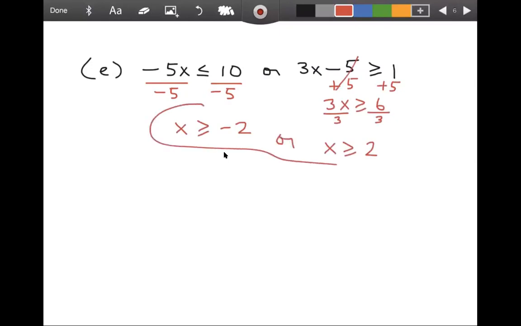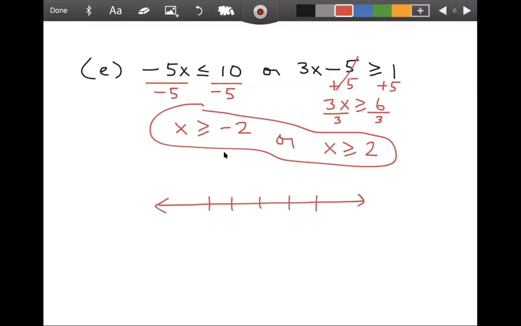So we are looking for those values of x that are either greater than or equal to -2 or greater than or equal to 2. So I also recommend drawing graphs to help figure these out. So I'm going to go -2, -1, 0, 1, 2. And I'm going to start with a graph of x is greater than or equal to -2.